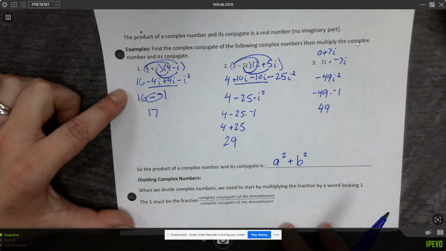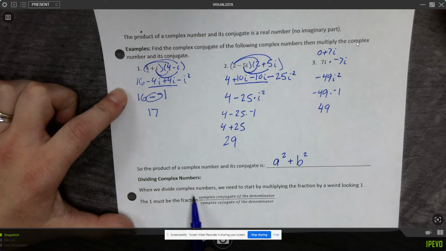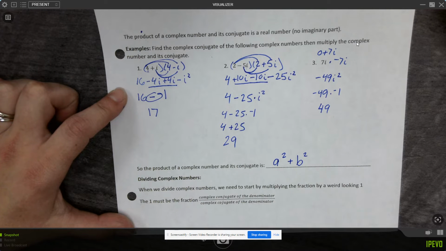So now let's talk about how that's going to be helpful for dividing complex numbers. When we divide complex numbers, we need to start by multiplying the fraction that you have by a weird looking 1. What I mean by that is I can't multiply by 1 exactly, but I need to multiply by 1 because if you multiply by 1, it doesn't change anything. But I don't want to multiply by the number 1.